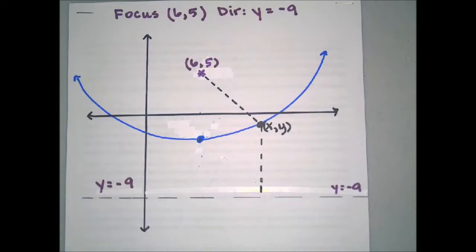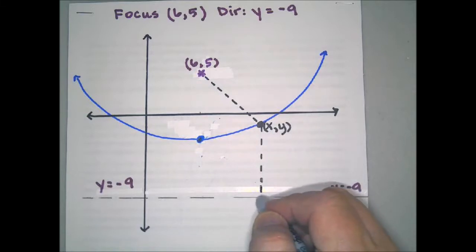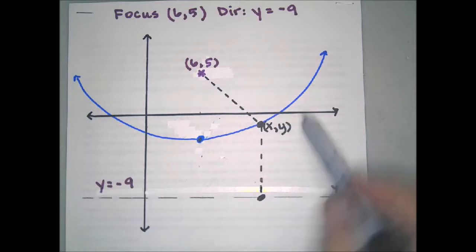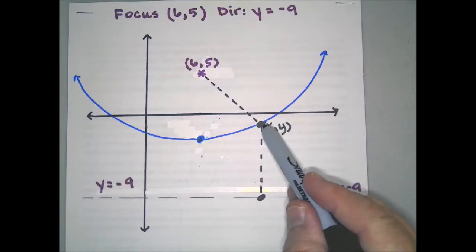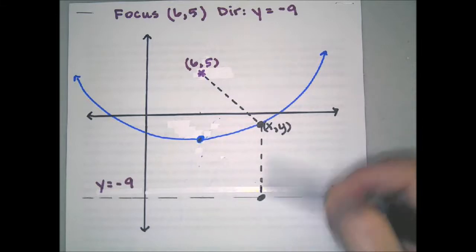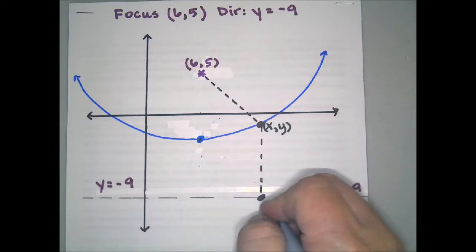Now, I am going to add one more piece of information. I'm going to add that point that's right down here. Now, I don't know what the x-coordinate is of this point, but since this point is directly below it, it has the exact same x-coordinate.